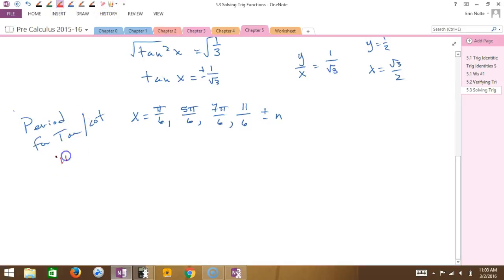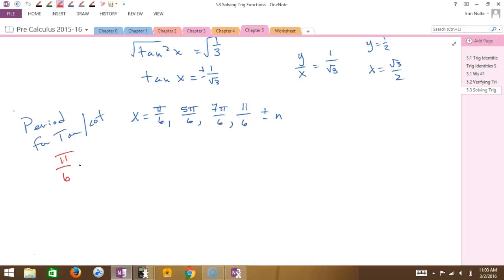And here's why I lied. Remember how when we were drawing one period of our tangent functions, how many John Travoltas did you draw? Exactly 2. By definition, a period is when the function duplicates itself.